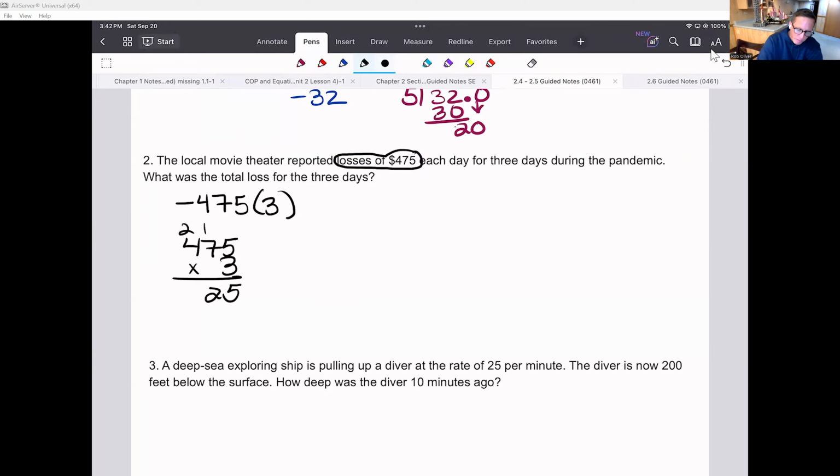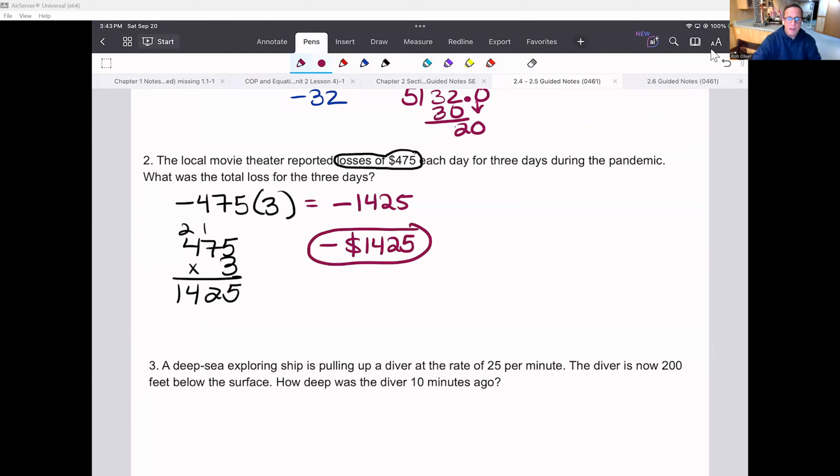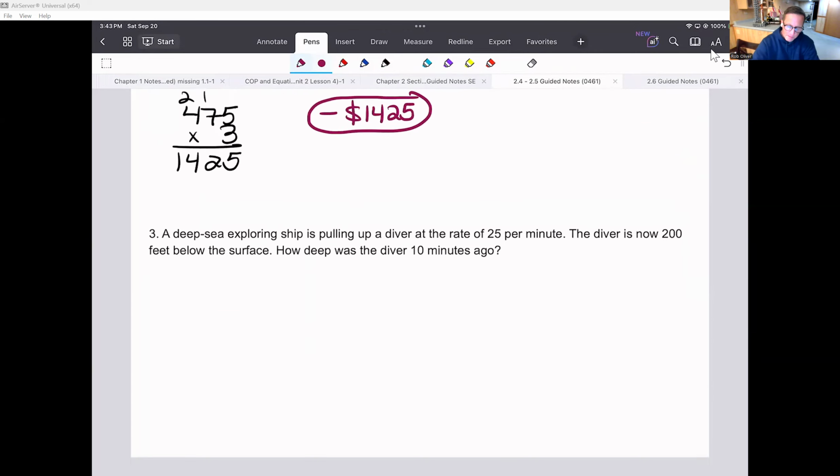And then 12 plus 2 is 14. So the movie theater lost $1,425. I should really use a dollar sign here. Movie theaters were losing a lot of money during that pandemic. Luckily, that's over.